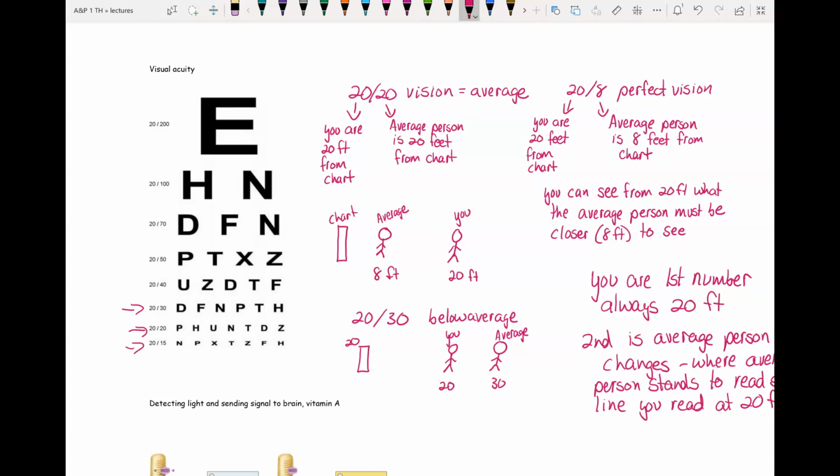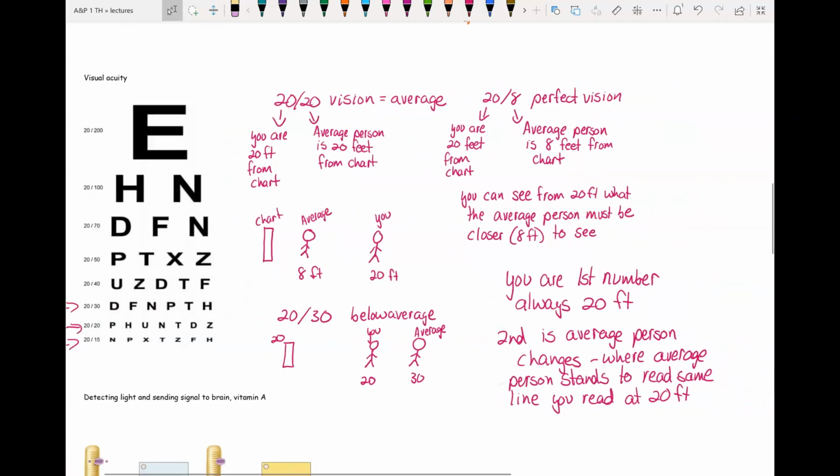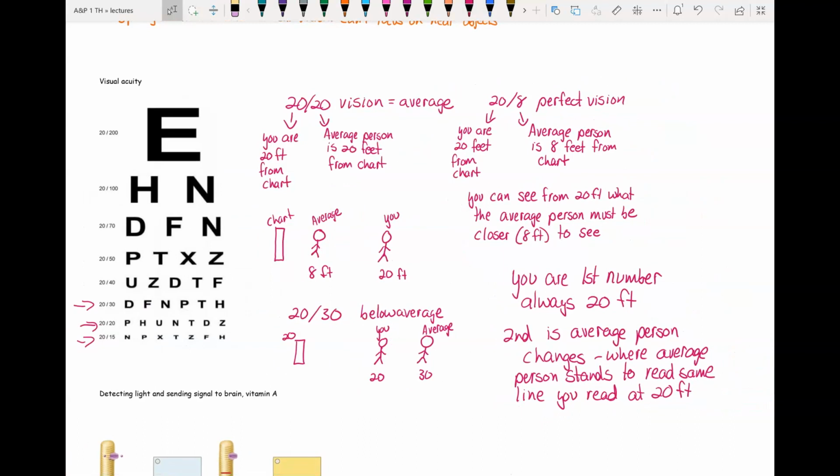You would be 20 feet away and read this, but you have better vision. The average person has to move up by 5 feet in order to read that line. So now when you hear somebody talk about 20/20 vision, you'll know that that is not perfect. 20/20 is average.